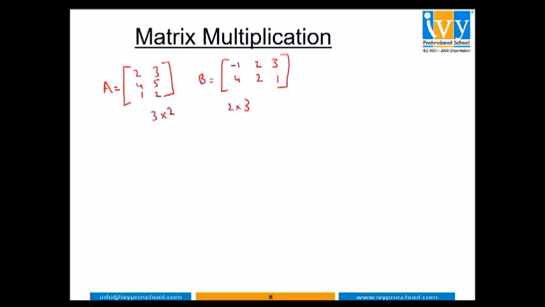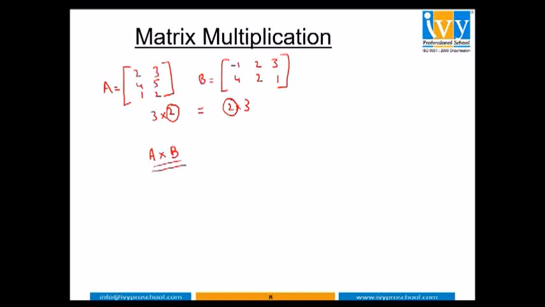Now in matrix multiplication we need to keep one thing in mind. If we are trying to compute A cross B, then the number of columns for A has to be equal to the number of rows of B. If this is equal, then only matrix multiplication is possible. Otherwise it's not. So A and B are good candidates for being multiplied.